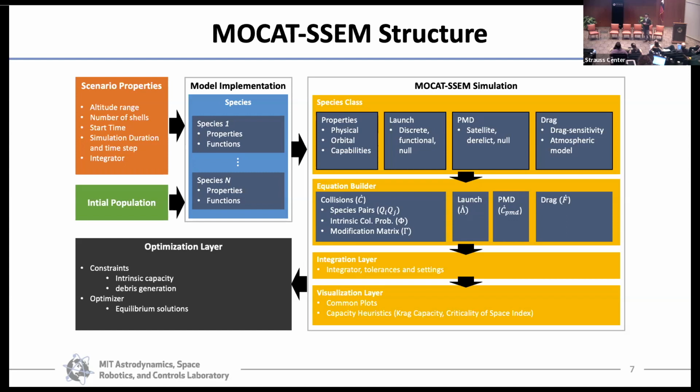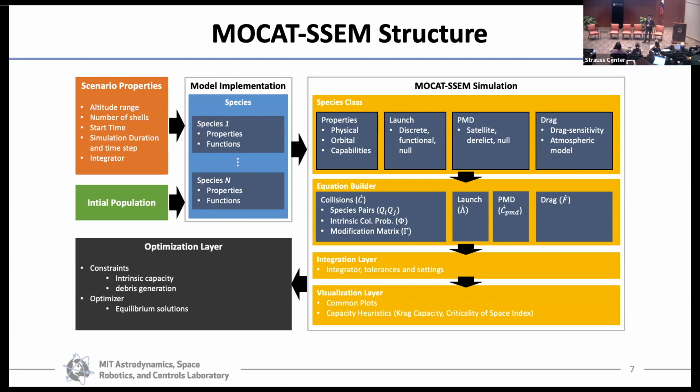Previously, we had to build that manually. All those different versions that we saw earlier were manually built. The tables were manually built, and we had to go through all of that. But now, with this SSEM structure and restructuring, we're able to automatically build that, which we're calling the equation builder here in the middle. After that, we can integrate it. We can do a visualization layer built on top of this to understand what's happening.